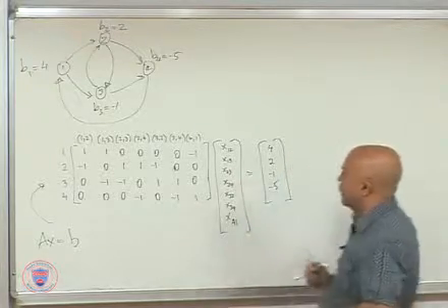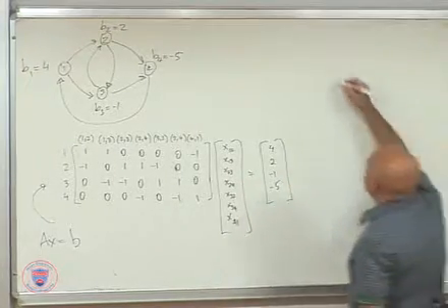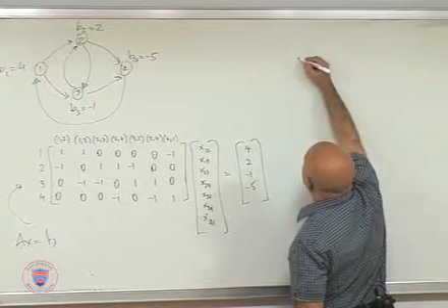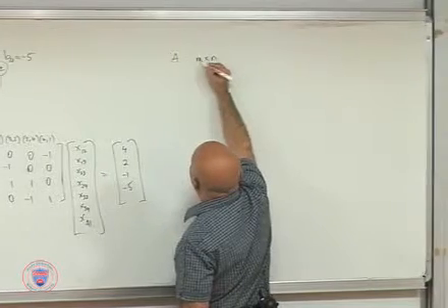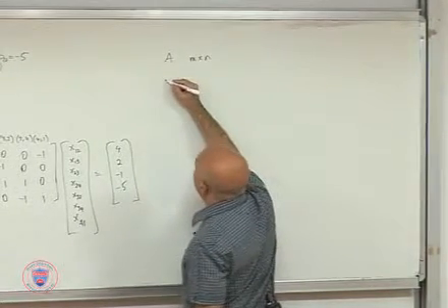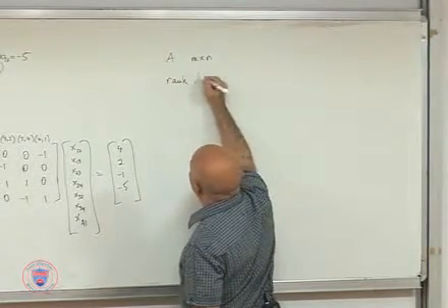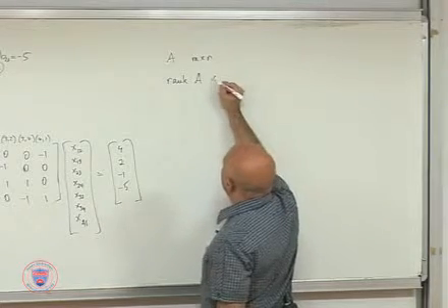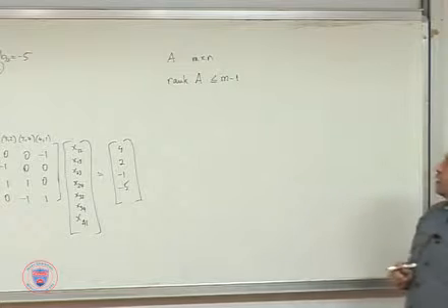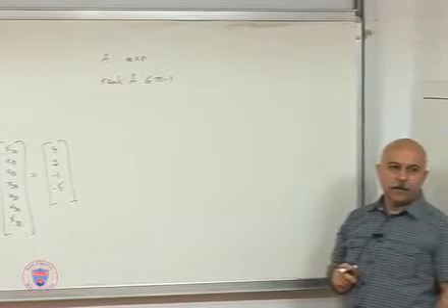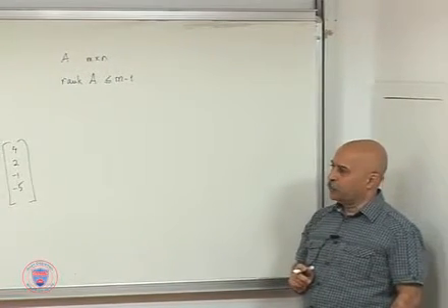Okay? All right. The first thing to notice is if A is m by n, m nodes, n arcs, then the rank of A is less than or equal to m minus 1. So 1 less than the number of nodes.